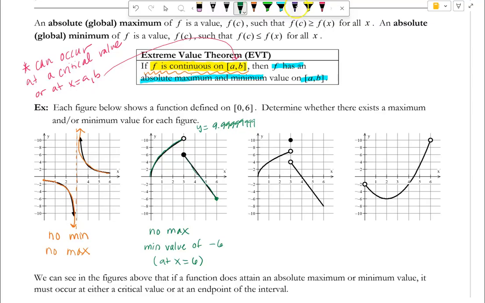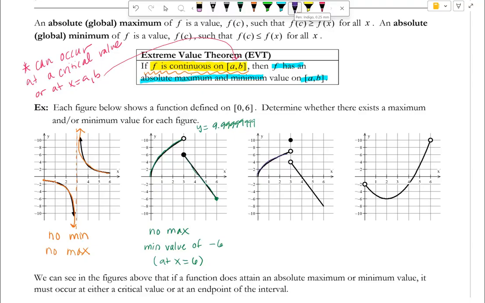All right, in the third figure, again, we have another example where a function is not continuous from 0 to 6, but we do have a maximum value. So again, from the left, I could trace this function, and I notice that as I'm approaching 3 from the left, I'm getting really, really close to some number that's between 6 and 8.